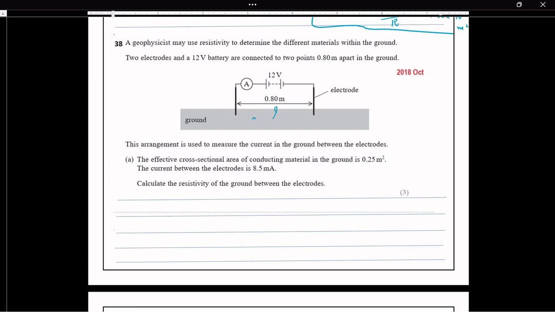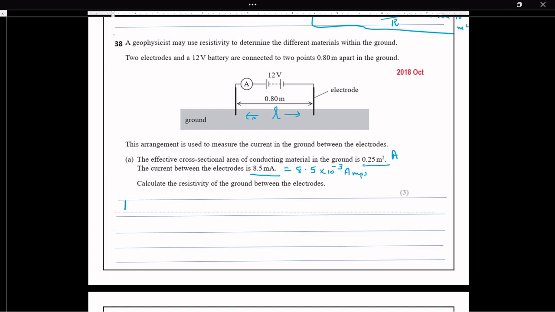This is the length given. The voltage is there. Then the current between the electrodes is given, which is 8.5 times 10 to the power of negative 3 amps. Area is given. So calculate the resistivity.